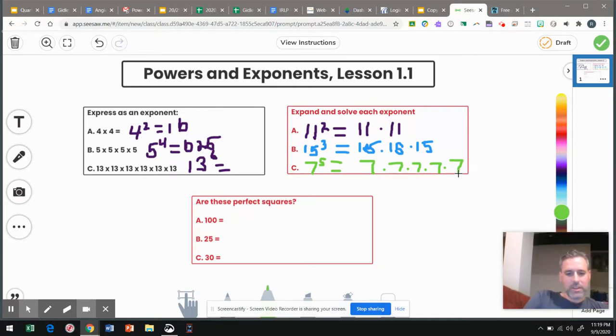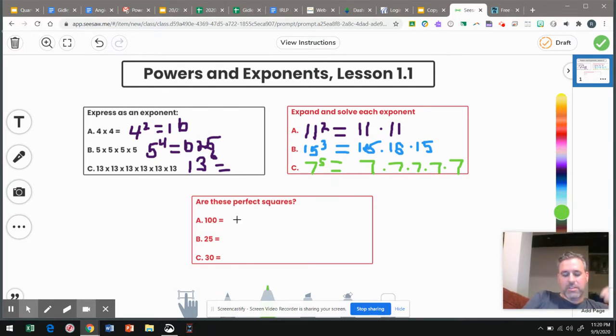Perfect. There we go. And then our last ones here, do we have perfect squares? As Mrs. Hecker had said in class, a perfect square is when you can take two of the same number, multiply them together, and if you tried to form them using little chips, that would actually form a perfect square. So let's take this first one for example. We have 100.